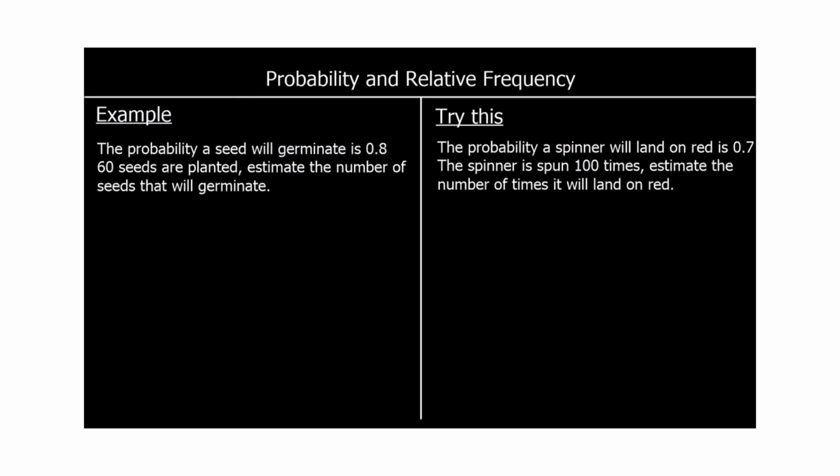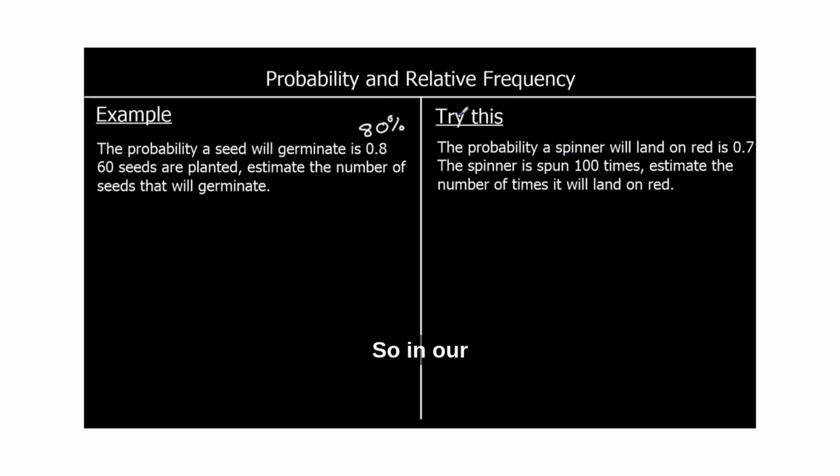will germinate is 0.8. 60 seeds are planted. Estimate the number of seeds that will germinate. So we're told the probability is 0.8. That is the same as 80%. 0.8 as a percentage is 80%.